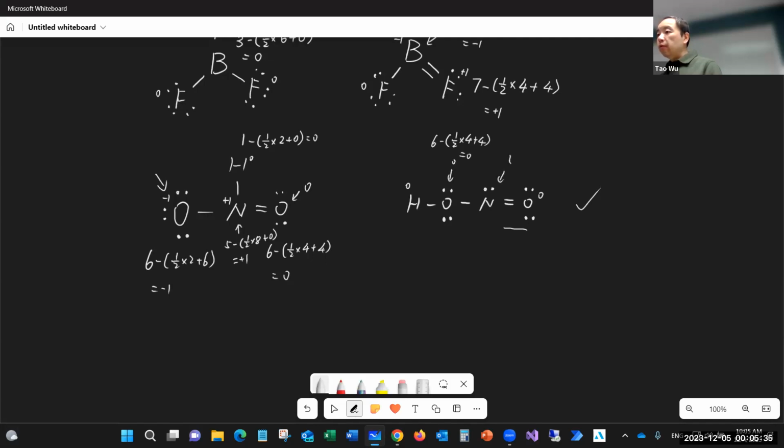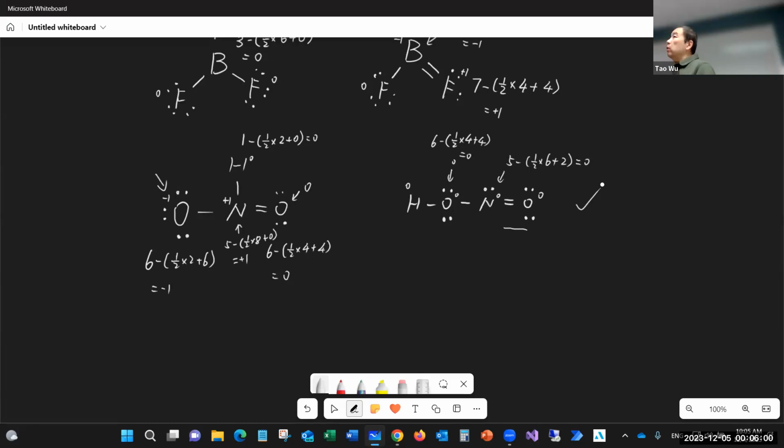Nitrogen here has 5 subtract 1/2 of the electrons in the bonds, which is 6, plus the electrons not in bonds, which is 2. So 5 minus 3 plus 2, that's 0. So that's why in this structure the formal charge for each of the atoms is 0. So this structure is the most stable one.